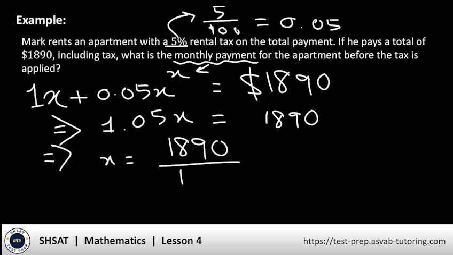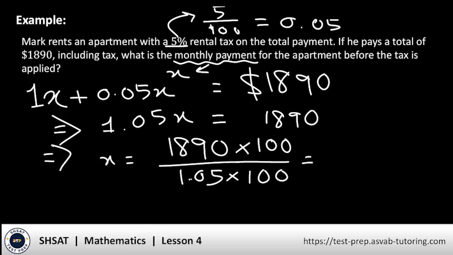Now putting 1.05 to the other side makes it a division, so divided by 1.05. Now to simplify it, we can get rid of the decimal. And to get rid of the decimal, we multiply by 1 and 2 zeros because there are 2 numbers next to the decimal. Had it been 3 numbers next to the decimal, we would have multiplied by 1,000. So similarly, I'm also going to do times 100 over here.